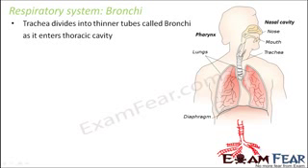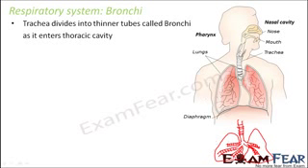And these tube-like structures are known as the bronchi. So let us suppose this is the right lung and this is the left lung. So this is how it divides. So these tube-like structures are known as bronchi.